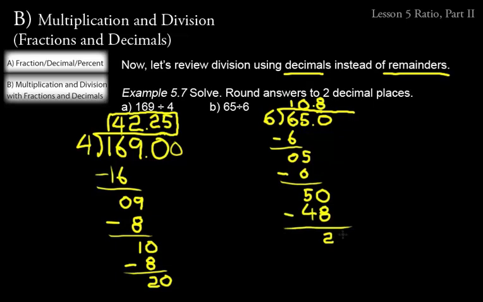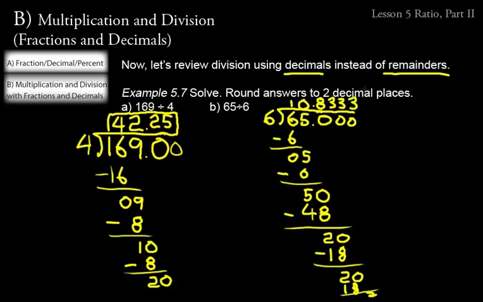Bring down another placeholder 0, and we'll have 6 goes into 20 3 times, and that would be an 18. Subtract, get 2. We need another placeholder. 6 goes into that 3 times, and that's 18. Do you see this is just going to keep repeating now?